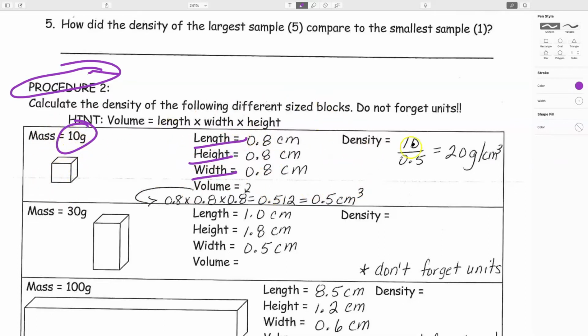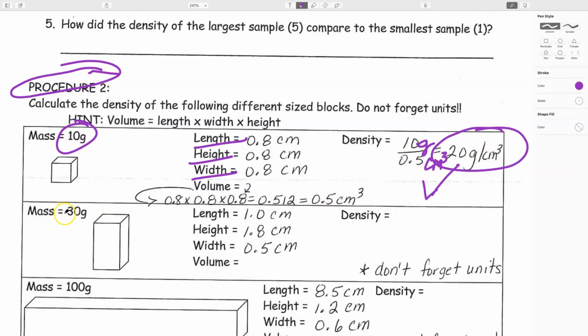It has a mass of 10, which I wrote over here, 10 grams, and a volume, which I figured out to be 0.8 times 0.8 times 0.8, giving you 0.5 when you round it, 0.5 cubic centimeters. If you do 10 divided by 0.5, it gives you a density of 20. So this first one was done for you. You go on to doing the second one.